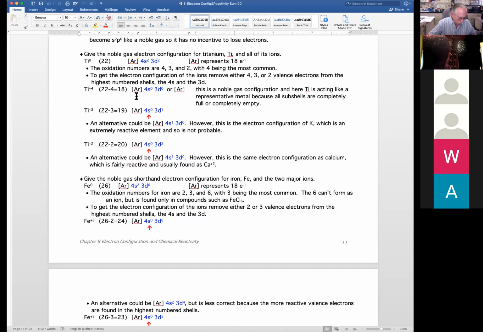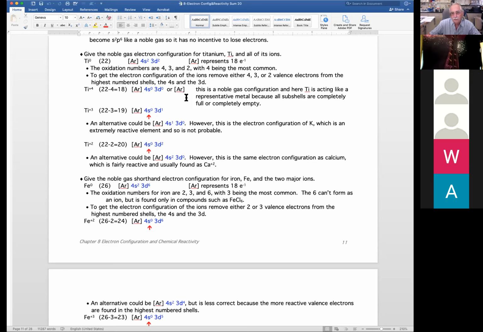So titanium, which is right here, if you look at it, loses 4 valence electrons. It's like a noble gas, isn't it? It's like argon. So that is the most common thing that it does, because that's electronically stable. It's like a noble gas now.